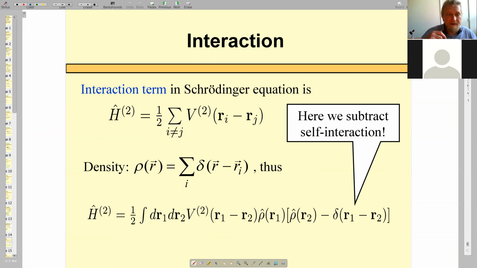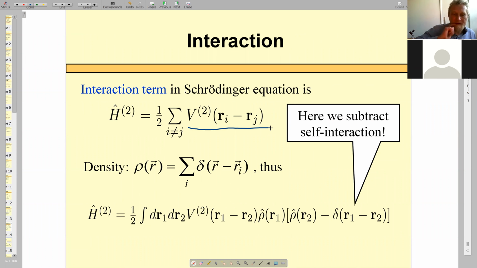How does it go? We first write the interaction term in the Schrödinger equation. What is this? We discussed it once. It's a sum over all particle pairs, and there is a contribution to energy coming from each pair of the particles. Pairwise interaction. Fine.